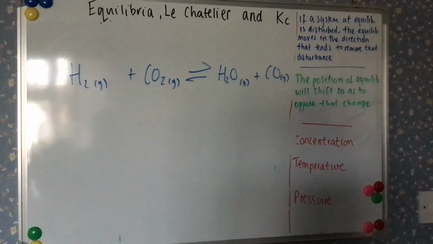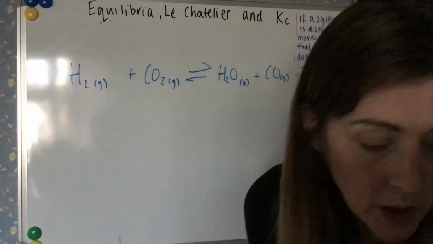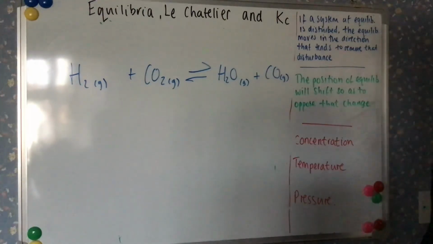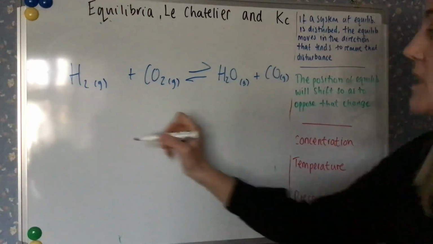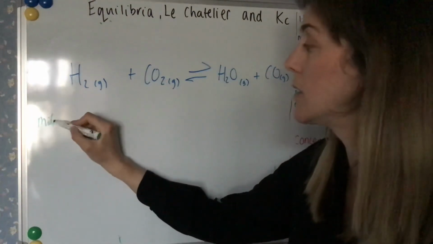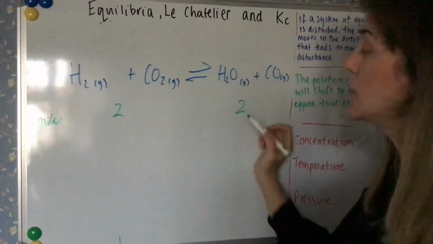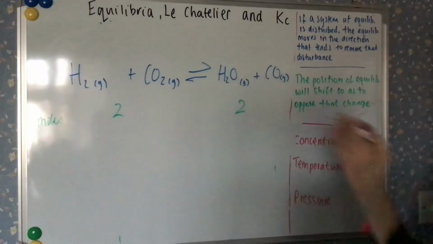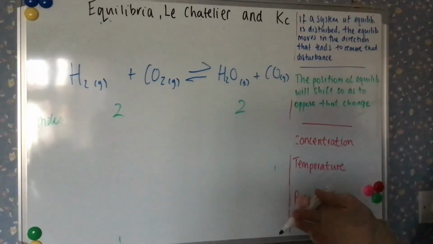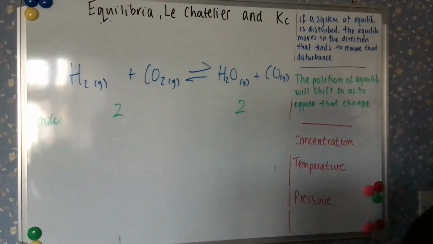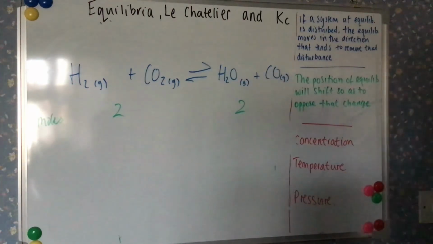Just make sure that's all balanced, and it is. Okay, so the question asked what would happen to the position of equilibrium in this reaction if you were to increase the pressure, and the answer is nothing would happen, because this side I've got 1, 2, this side I've got 1, 2. So you increase the pressure, nothing happens, because the number of moles are equal both sides. The system can't move to oppose that change.